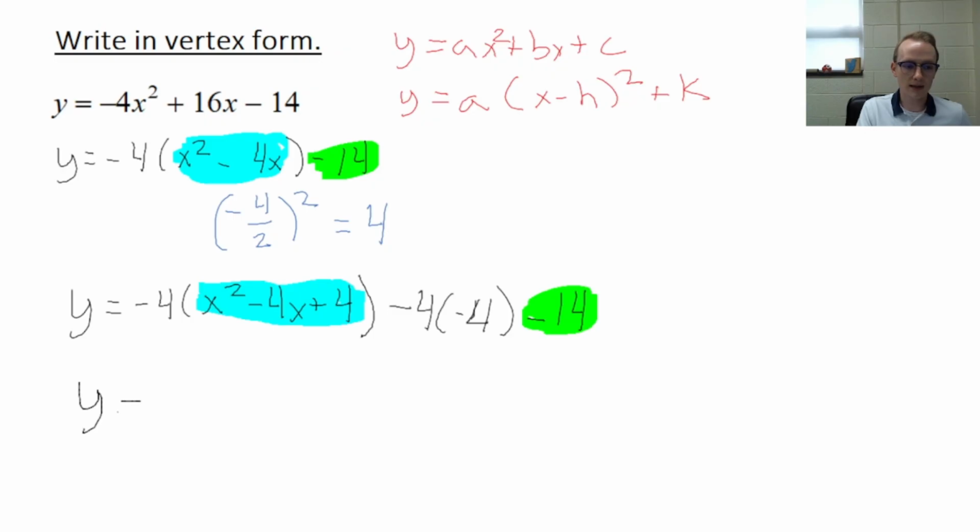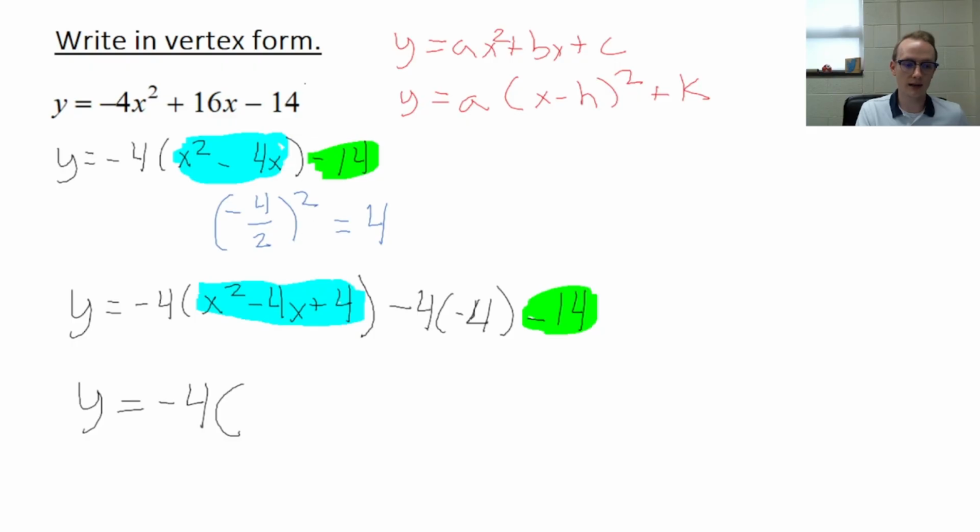So our next step is let's factor this x squared minus 4x plus 4. Like I said, that's a perfect square trinomial. You could factor this like you factor any other quadratic, using the diamond or factor by grouping or whatever method you use to factor quadratics.